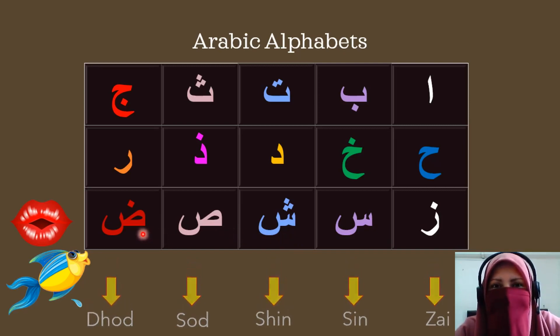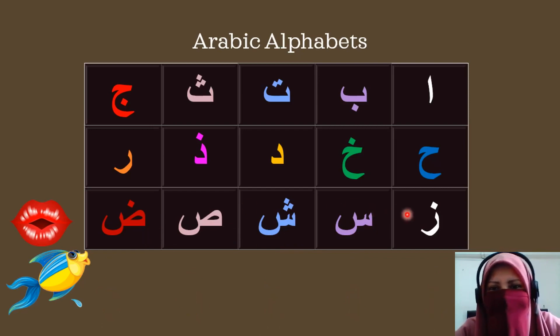Now let's read this without the helping words. Zay, sin, shin, sod, and dot. One more time: alif, ba, ta, tha, jim, ha, kho, dal, zal, ro, zay, sin, shin, sod, dot.